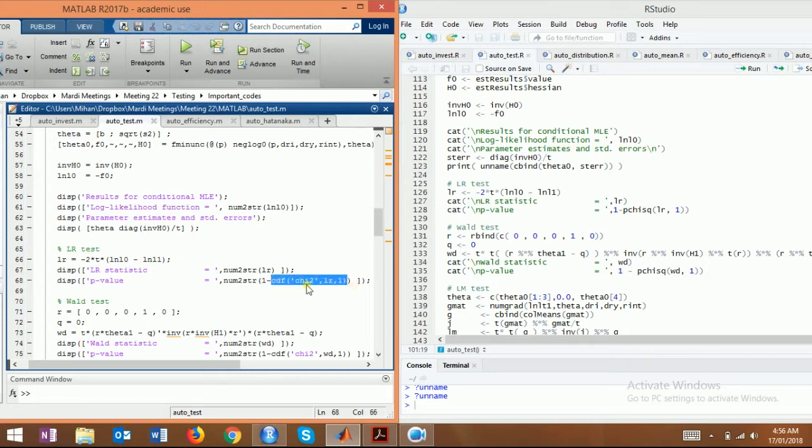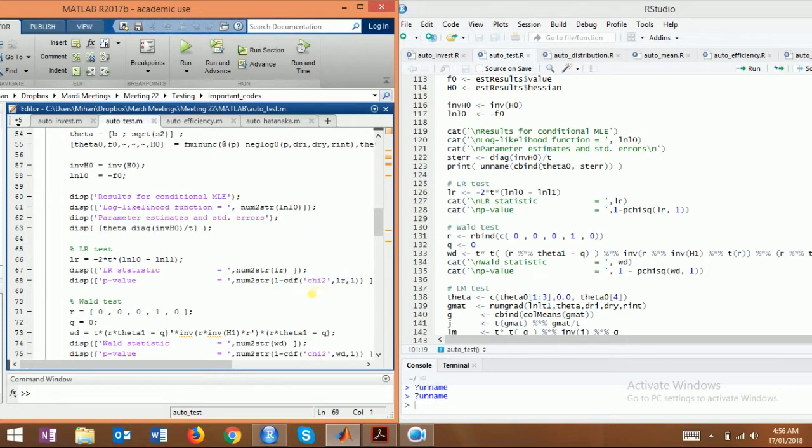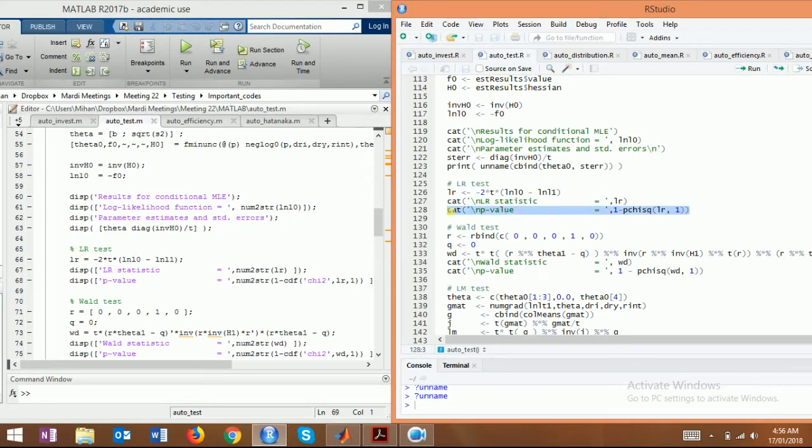Under this function we use chi-square under LR. 100 minus, this is the percentage confidence level. We are actually finding the confidence level. So cumulative distribution function using the chi-square method on LR with 1 degree of freedom. So chi-square LR, 1 degree of freedom.